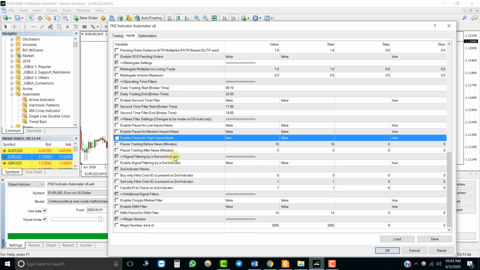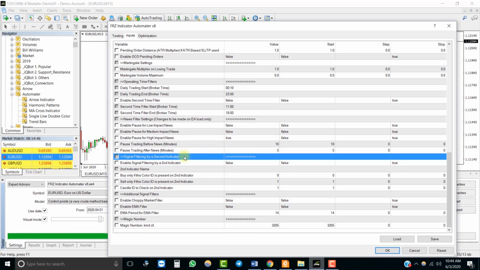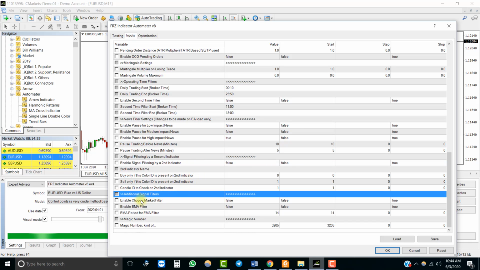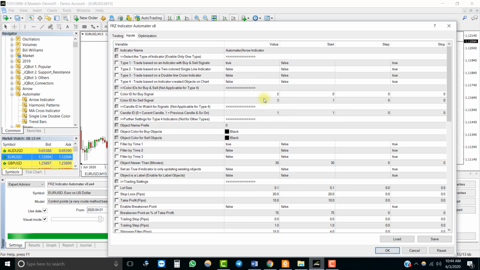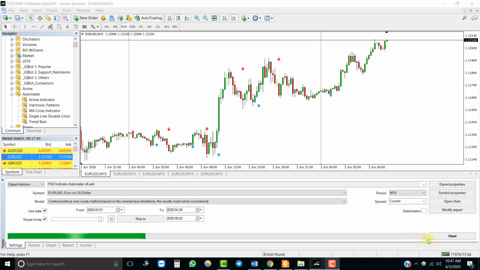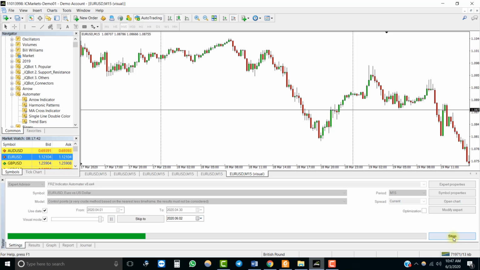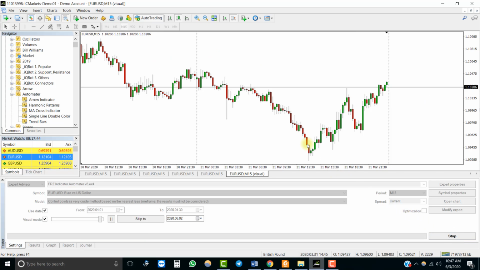You can pause trading during news time, and also you can use a second indicator to filter the signals of the first indicator, which we will discuss later. And also you have few other filters like choppy market filter and EMA filter. Now let's run the backtest.